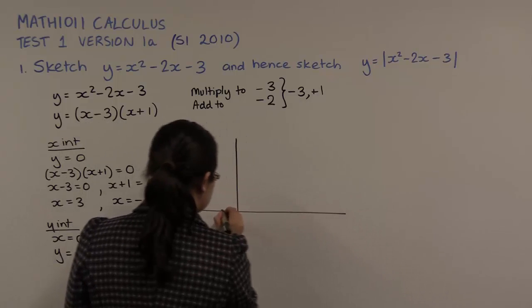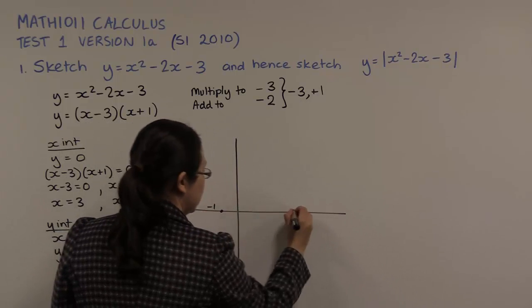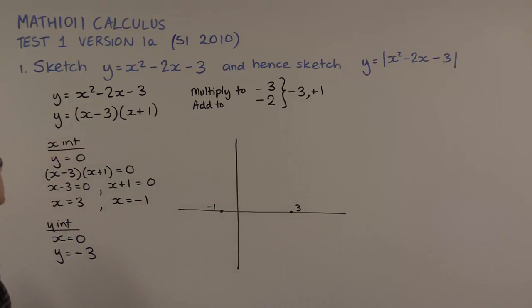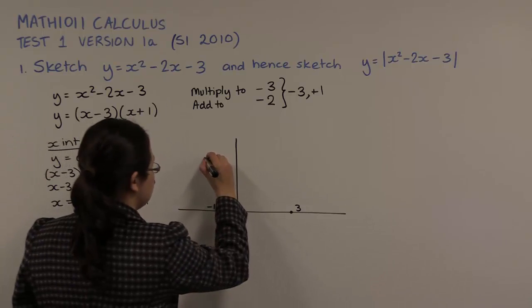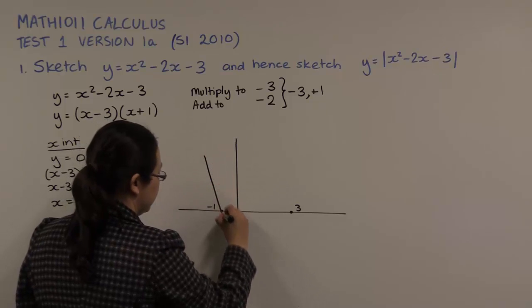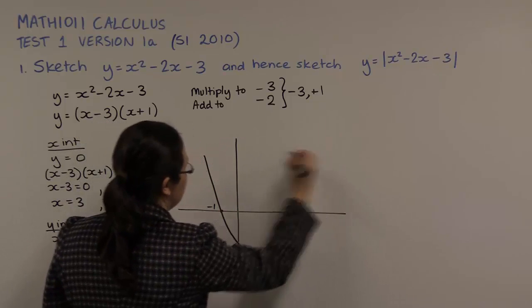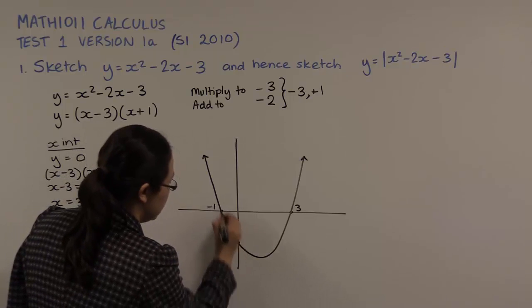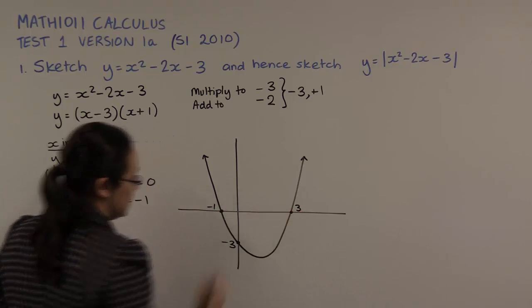We've got an x-intercept of minus 1 and an x-intercept of 3. We know it's a parabola. In fact, we know it's a concave up parabola because it's positive x squared, and it's got a y-intercept of minus 3. So if we sketch our parabola, it must pass through y equals minus 3 and these two x-intercepts there.